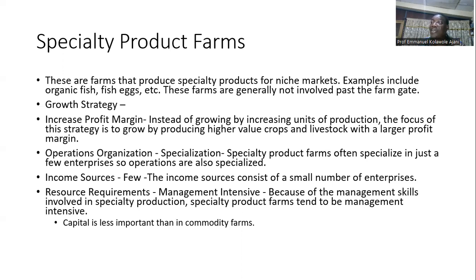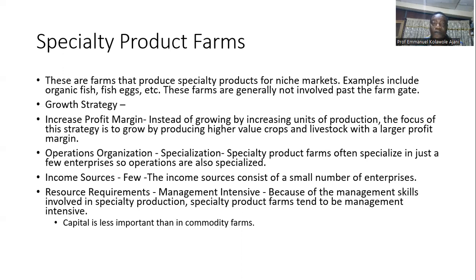The cost of the sturgeon fish eggs, they call it caviar, is so much that it's even more than the cost of selling the whole fish flesh, because it's for some special market. And when you are selling organically produced fish, there are some people that want to go for it because of the health issues attached to it. And so farmers tend to make more profit producing such products.